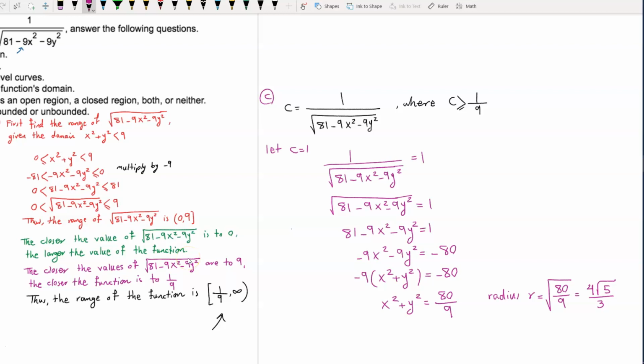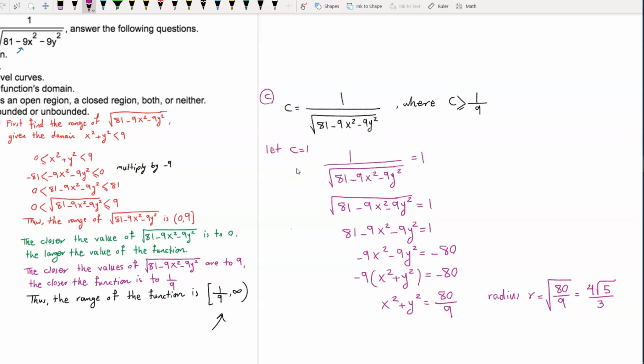So choosing any other value for c, where c is greater than or equal to 1 over 9, we will have a circle of different radius, but it is again centered at 0, 0, so centered at the origin. Therefore, the level curves of the function are circles.